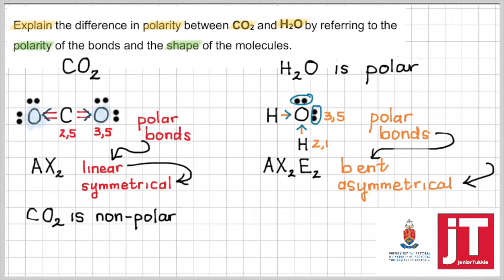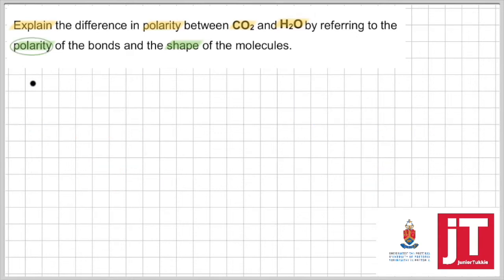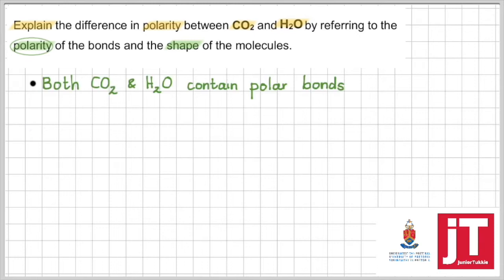But, junior techies, we now need to explain this in words. So we say that both carbon dioxide and water contain polar bonds. That is what is similar about them, and we write this down because the question refers to the polarity in the bonds. The question also refers to the shape of the molecules.